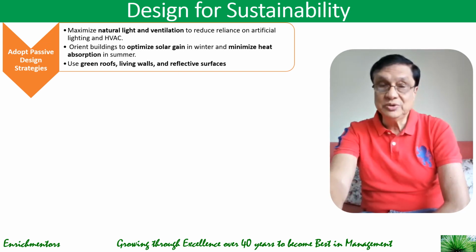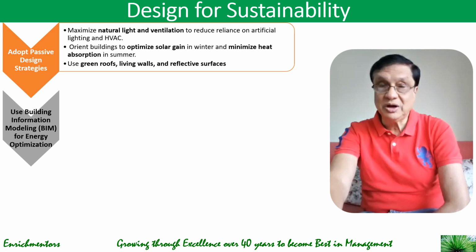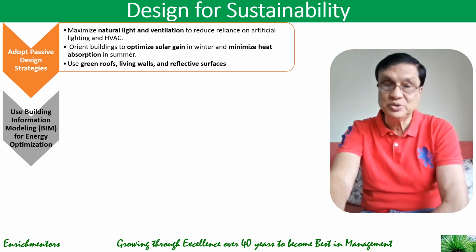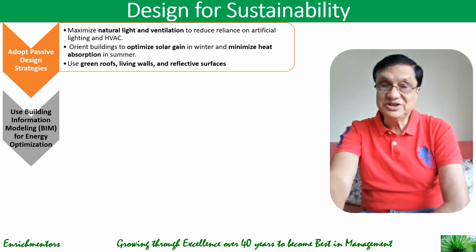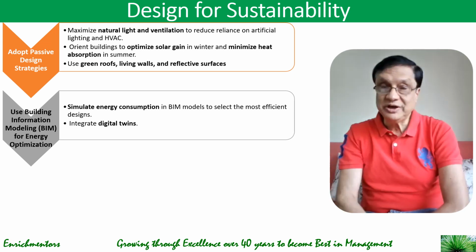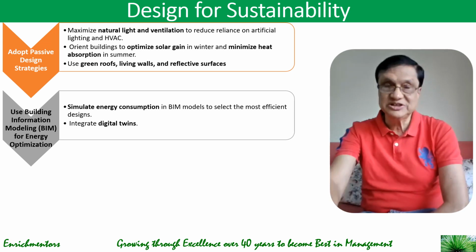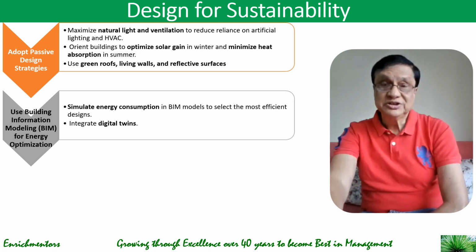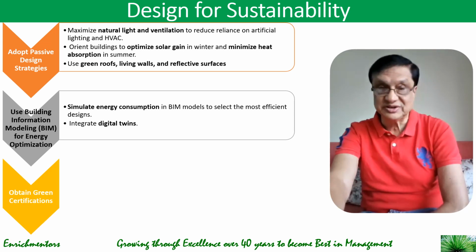Then, the second thing you can do is to use building information modeling, BIM, for energy optimization. And what are the few things you can do there? Simulate energy consumption in BIM models to select the most efficient design. Integrate digital twins to monitor real-time energy performance and adjust usage patterns. The third thing that can help you design for sustainability is to pursue green certification.